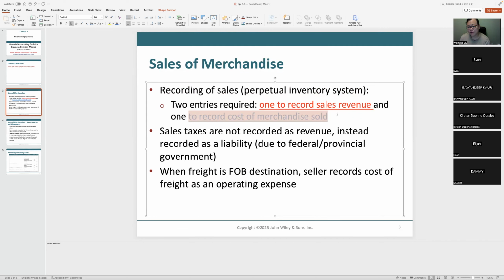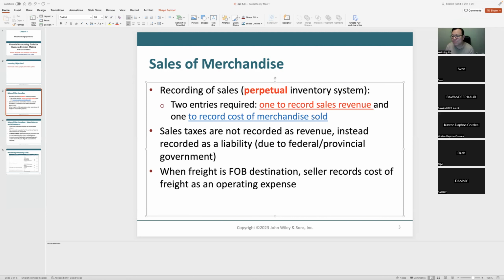So for sales of merchandise under a perpetual inventory system, you have to have the 2 entries. Students often miss the cost of goods sold entry. They would recognize the sales, okay?